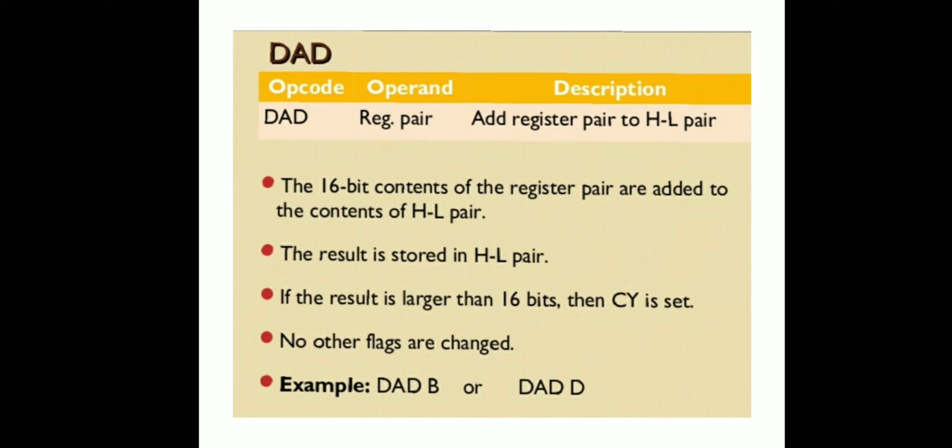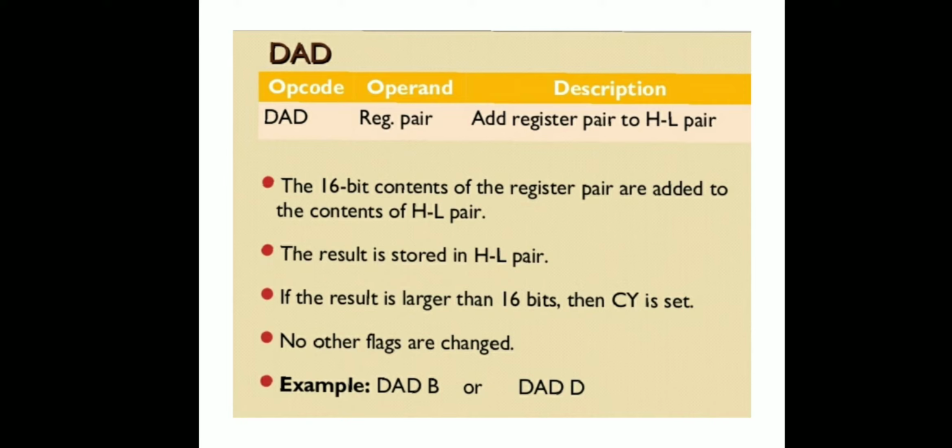DAD instruction. This instruction is used to add 16-bit data to the content of the HL pair. That is, the 16-bit data stored in a register pair is added to the content of the HL pair and the result is stored in the HL pair.